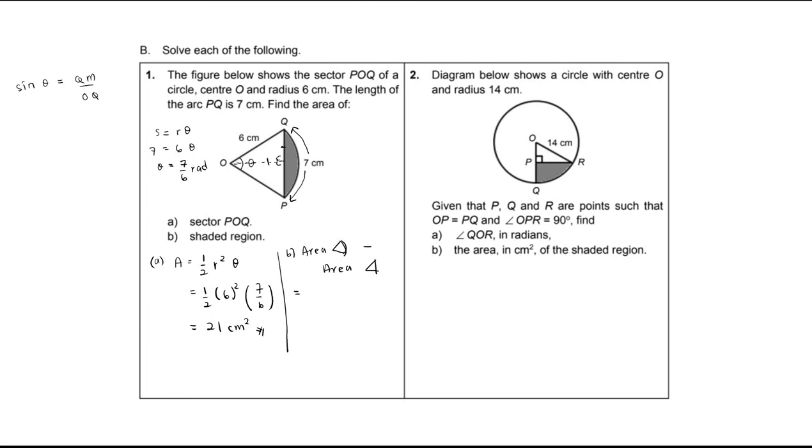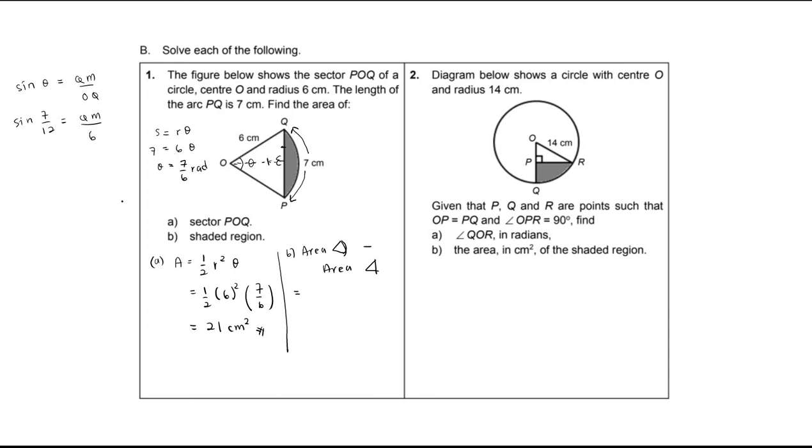But this is only half the triangle. So 7 over 6 divided by 2 is 7 over 12, half of the theta. The whole theta is 7 over 6, so half of the theta is 7 over 12. QM is the length that we want to find here, and OQ is 6 cm.